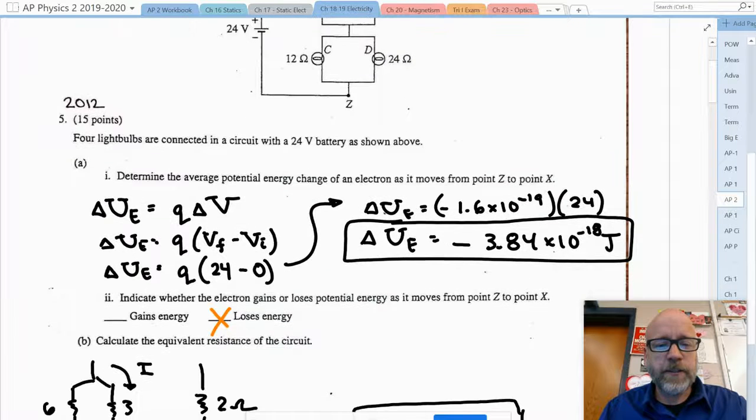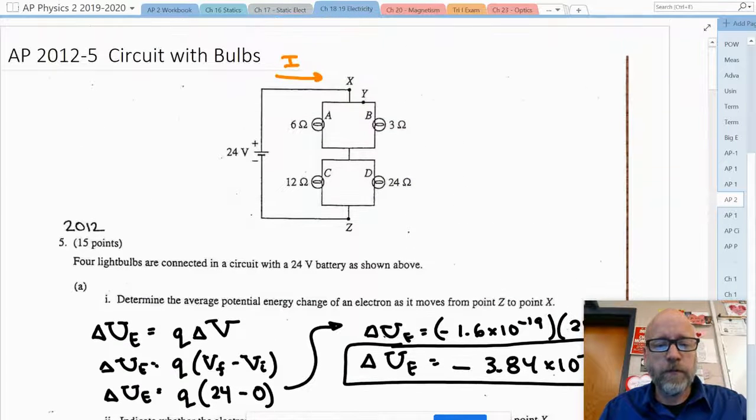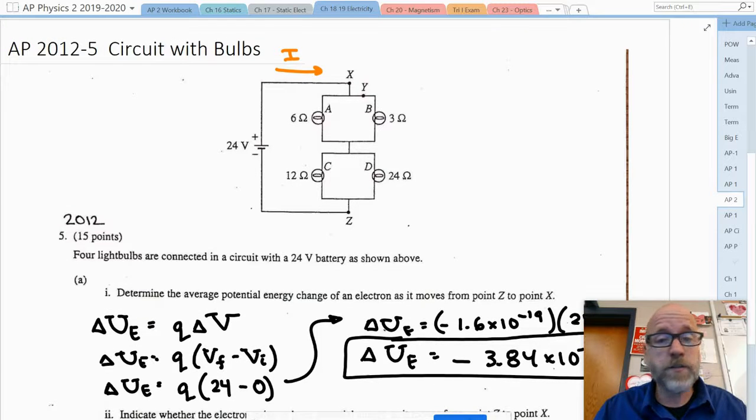4 light bulbs are connected in a circuit with a 24-volt battery as shown above. No mention of internal resistance, so we have to assume that the 24 volts is the terminal voltage.